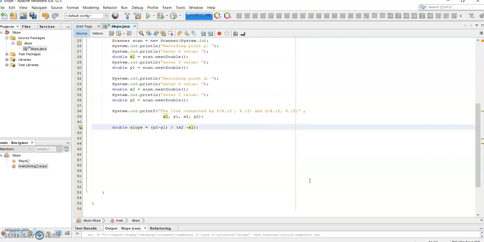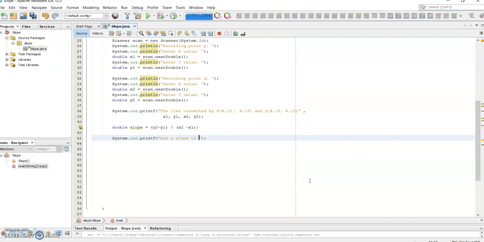Okay, this is what your slope is, and then let's display it again with the printf actually. Okay, the line has a slope of... let's make it 2 decimal points.